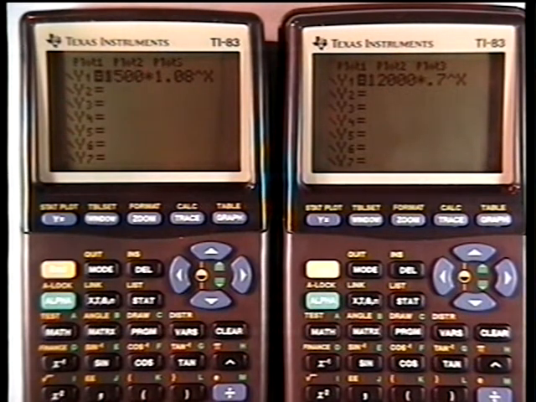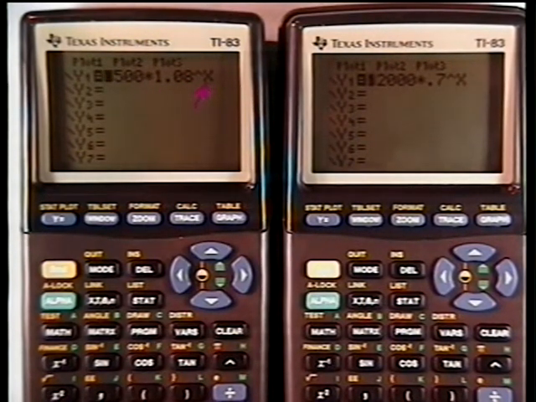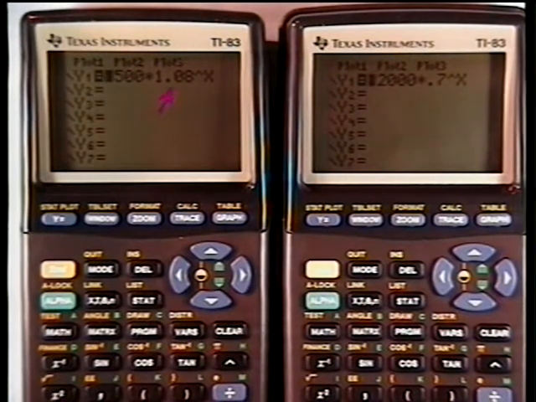You've got 1,500 times 1.08, since our money is growing at the rate of 8% per year, raised to the x power. Notice, for exponential growth, the factor is greater than 1. For exponential decay, the factor is between 0 and 1.